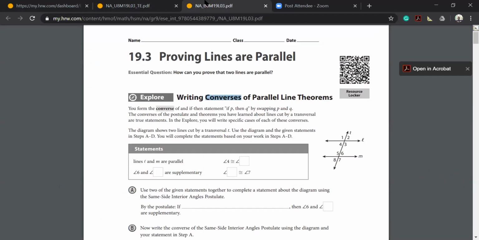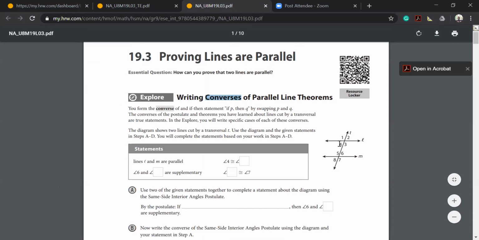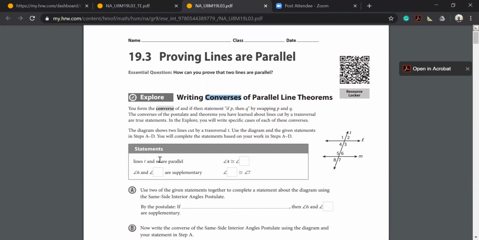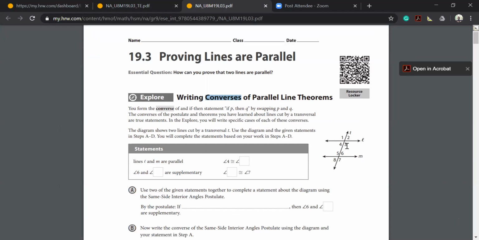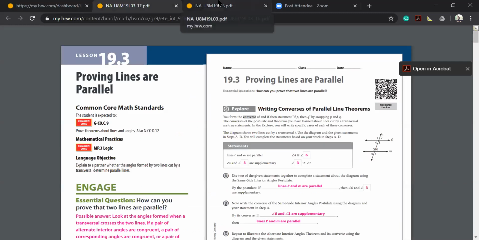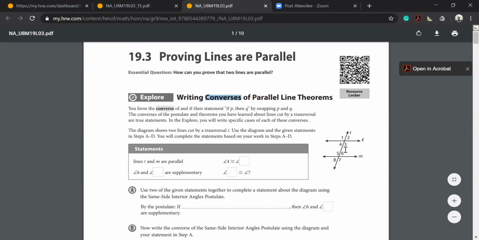Angle 6 and angle 3 are supplementary. So angle 3 will be equal to angle 7 because they are corresponding. So here you are going to write angle 4 is equal to angle 6. Angle 6 and angle 7 are supplementary. So angle 3 is congruent to angle 7 because they are corresponding.